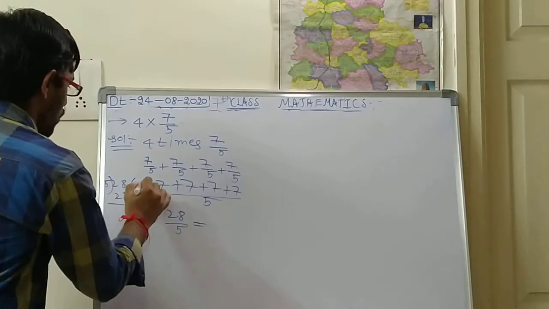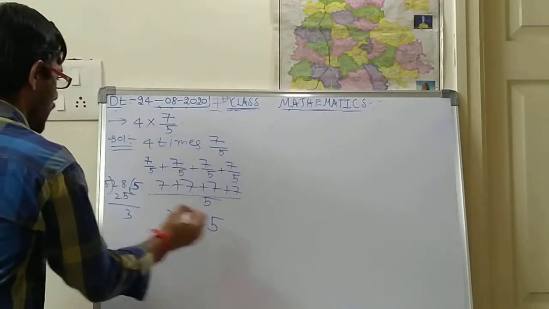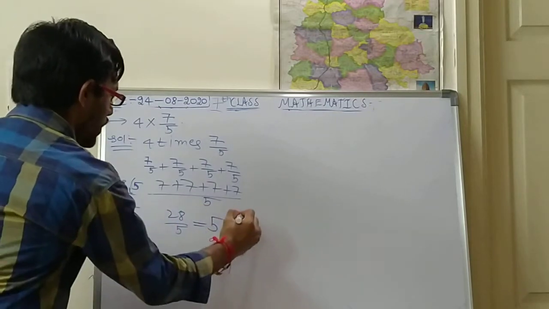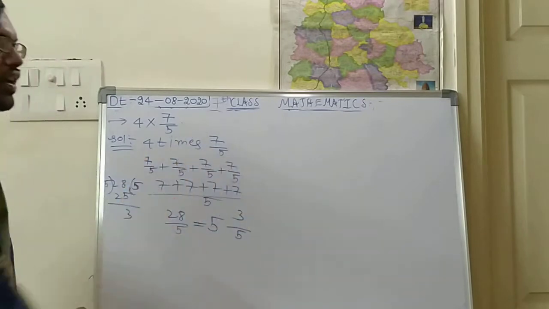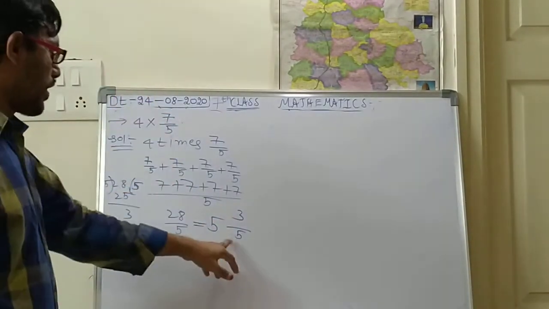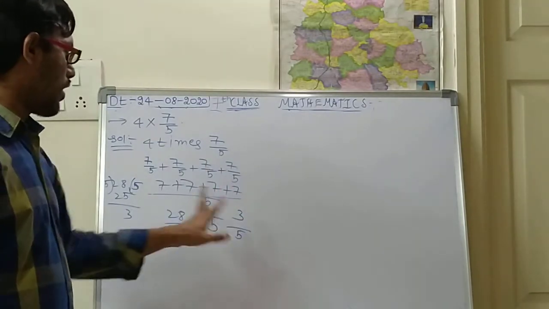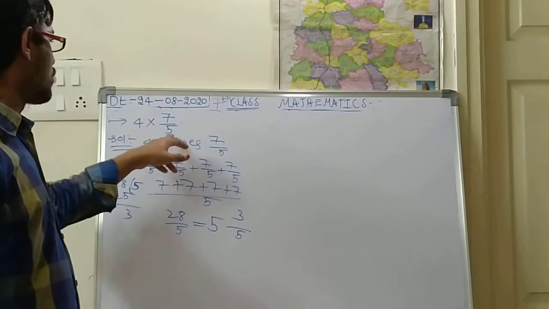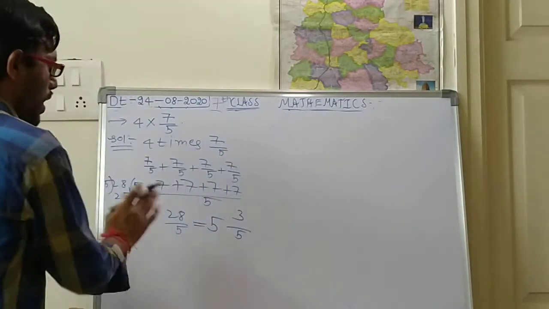This quotient is the whole number. Next, 3 should be at the numerator and 5 should be at the denominator. 3 by 5 is the remainder. So 4 times 7 by 5 is 5 3 by 5, that is the answer. So 28 by 5 or 5 3 by 5. 4 7s are 28 by 5, directly also you can do. So this is one part.